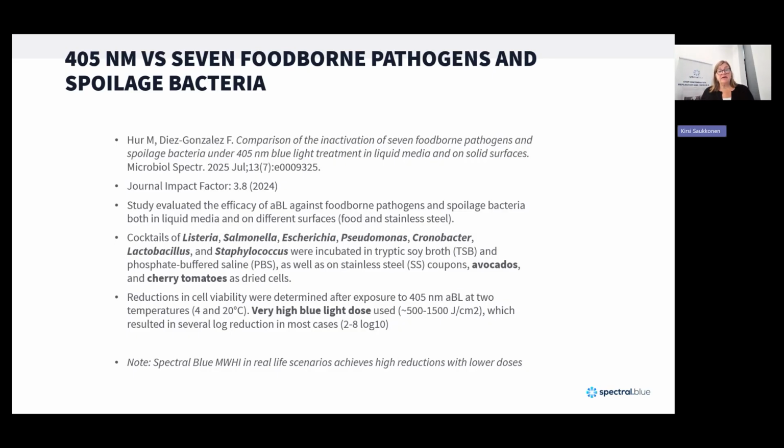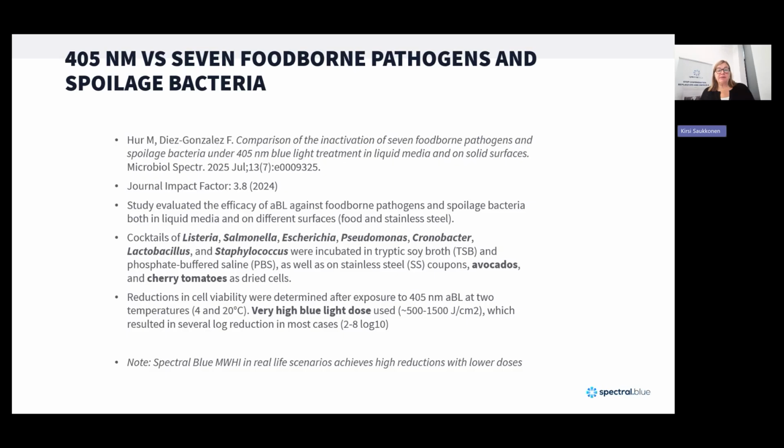The reductions with the 405 nanometer ABL at 2 temperatures were obtained with a very high blue light dose, 500 to 1500 joules per square centimeter, which results in a several log reduction in most cases, from 2 to 8 logarithms.